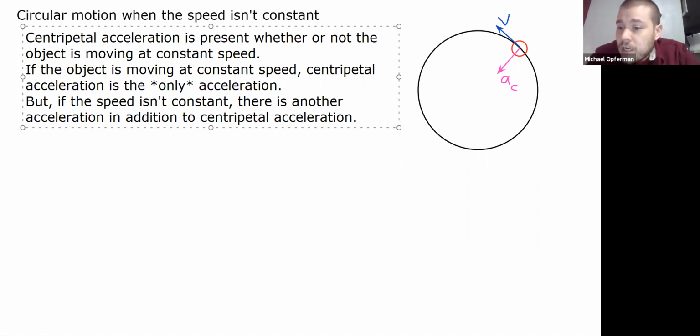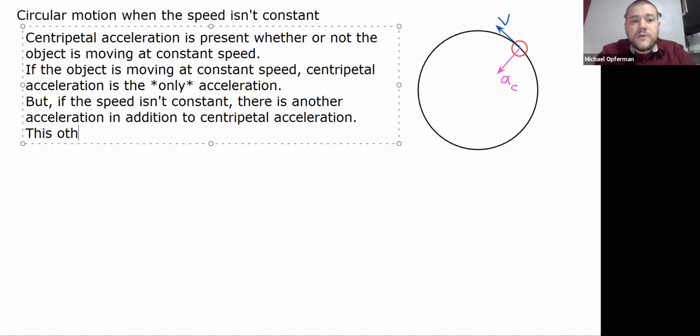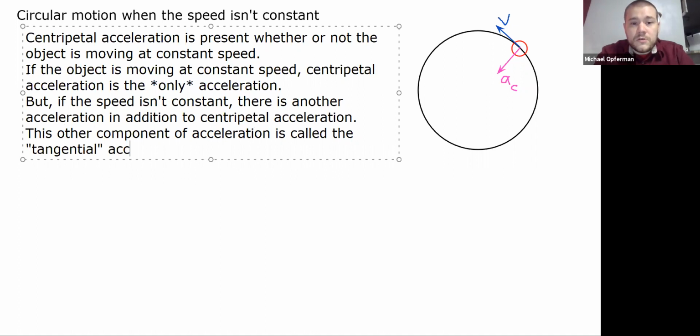Centripetal acceleration just tells you that the object is moving in a circle. There is another part of the acceleration which tells you whether the object is speeding up, slowing down, or remaining at the same speed. So this other component of acceleration is called the tangential acceleration.